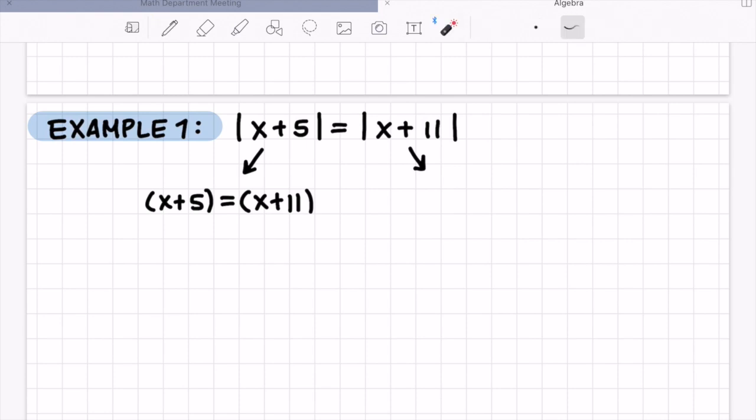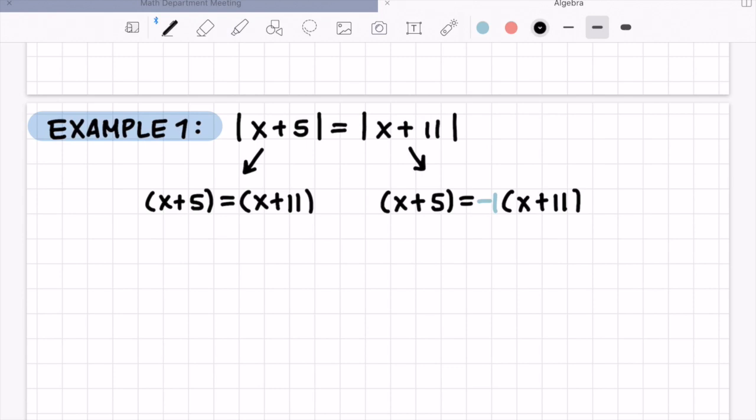Now in my second equation, this one's going to be the different one, where I start off with parenthesis x plus 5, and that equals to -1 times whatever is inside my absolute value. So over here, it changes to the parentheses, and then we get the inside, which is x plus 11, and we close those parentheses.